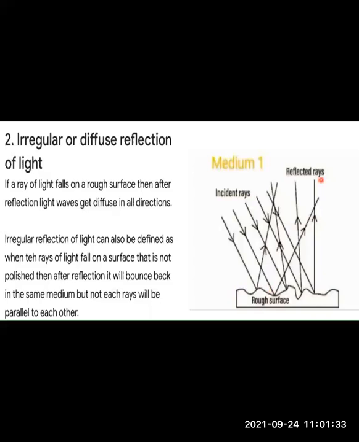So you can see the reflected rays are being distorted in all the possible angles. This is the reason why the image that will be formed will not be well distinct. It will be distorted. So such a reflection would be called an irregular reflection.